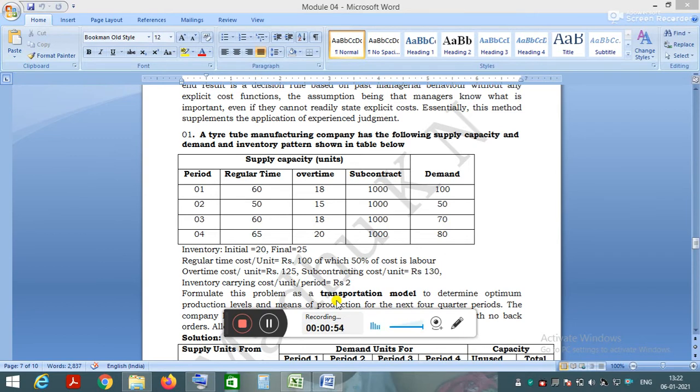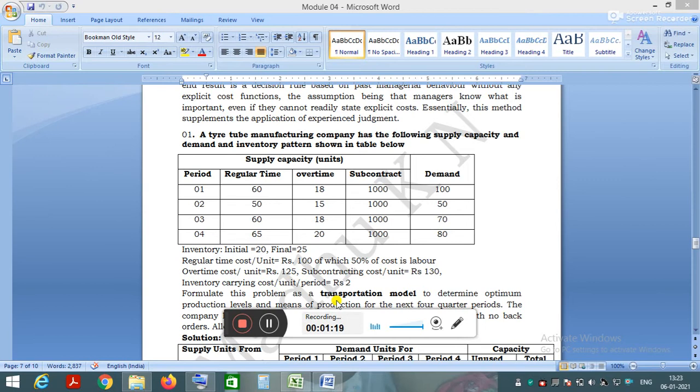The first problem is: a tight tube manufacturing company has the following supply capacity, demand and inventory pattern shown in the table. Data related to a tight tube manufacturing company is given, and it has the supply capacities, that means the capacity of the company is given.